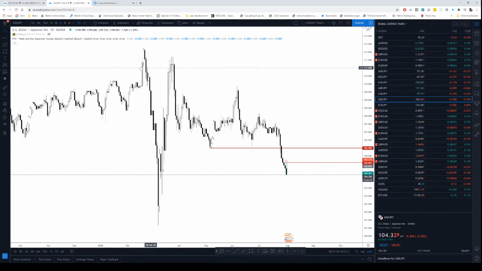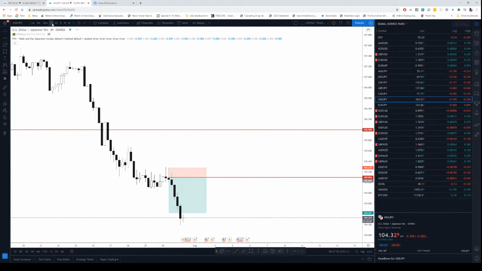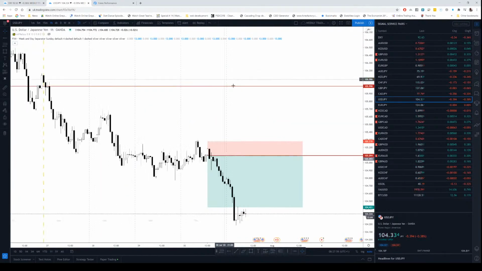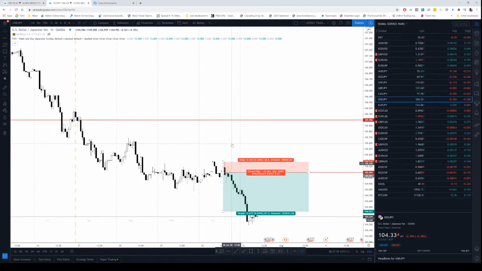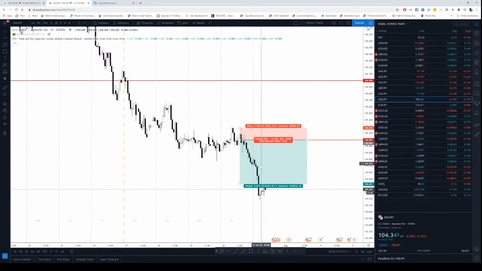Dollar yen, beautiful trade idea yesterday. Those that were with me during the live session, you could have taken advantage of it. It's just simple, and I gave you the secret to catching this kind of trade.